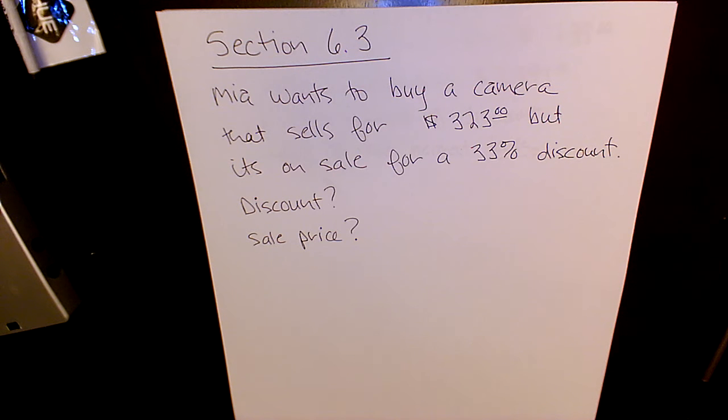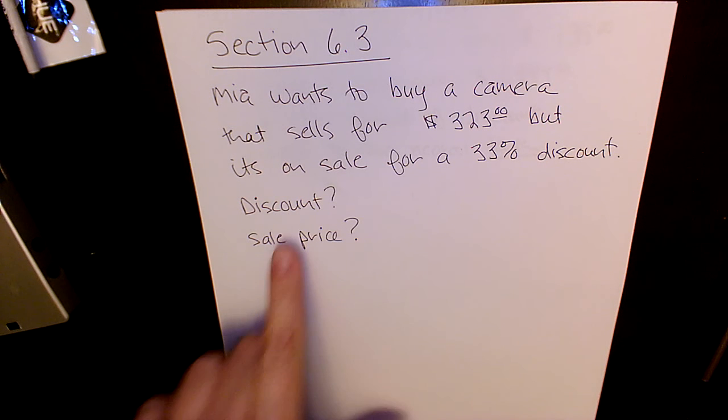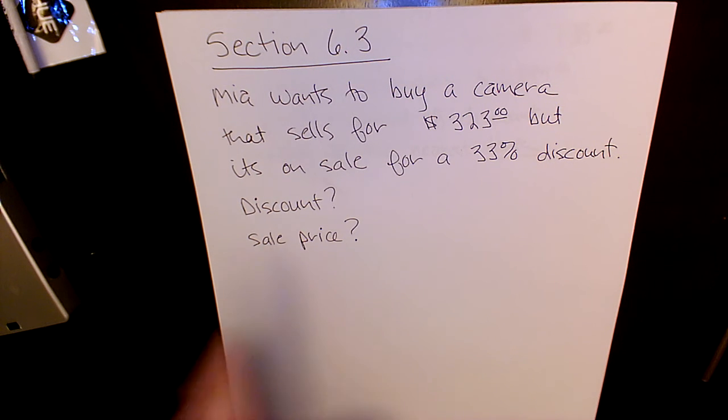Mia wants to buy a camera that sells for $323, but it's on sale for a 33% discount, and they want us to find the discount. How much are we going to get off the camera, and then what's the sale price?